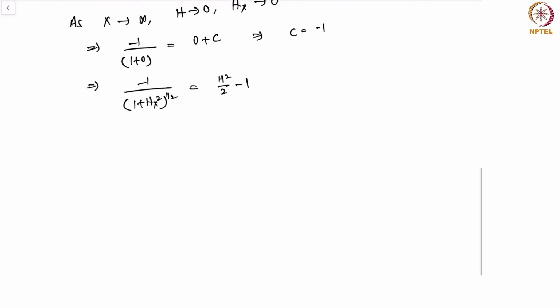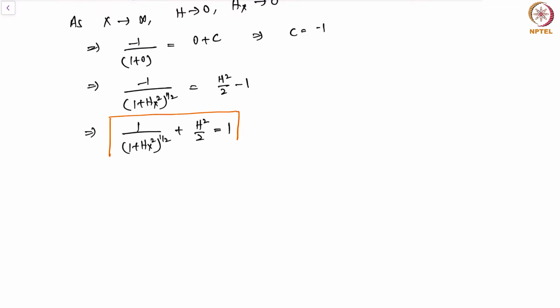Or I'll rearrange it to simply write 1 by 1 plus hx square whole power half plus H square over 2 is equal to 1. Now this is an important result. We'll call this equation 1.